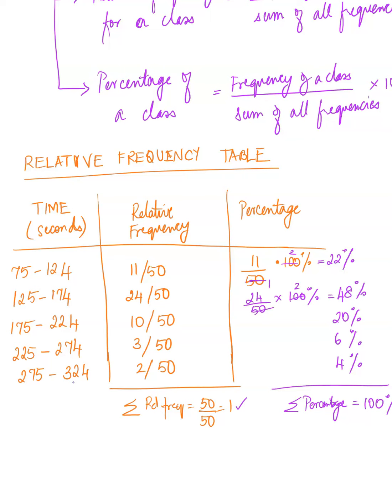This was convenient for us because of the 50 in the denominator. If you had, say, 49 entries, then your fractions will be a little messed up, in the sense you'll have more decimal numbers. In those cases, when you add them up, it may not show up as 100%. It might show 98%, slightly off.